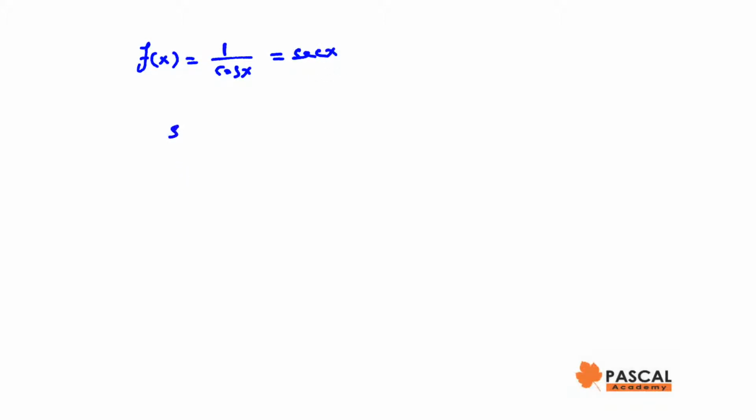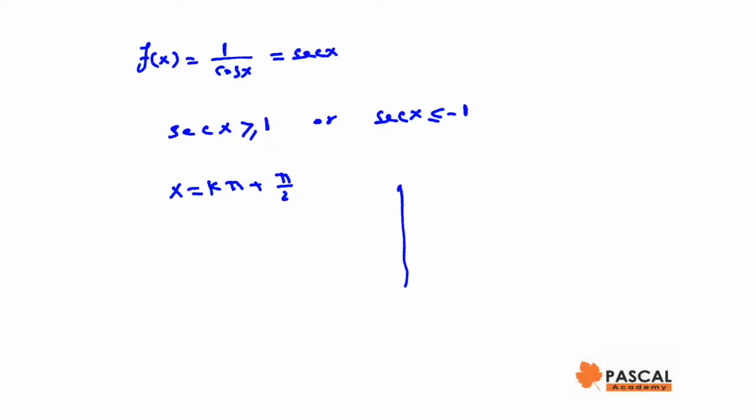Secant of x is the reciprocal of cosine. Therefore, it's either greater than 1 or less than -1. X equals k pi plus pi over 2 is the vertical asymptote of this function.